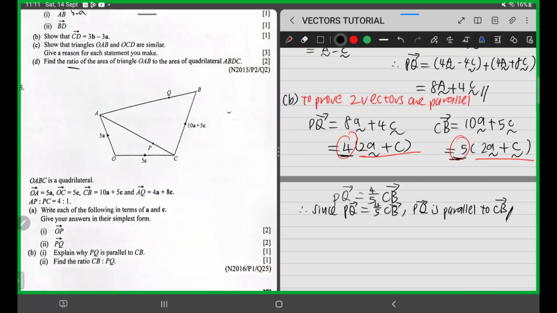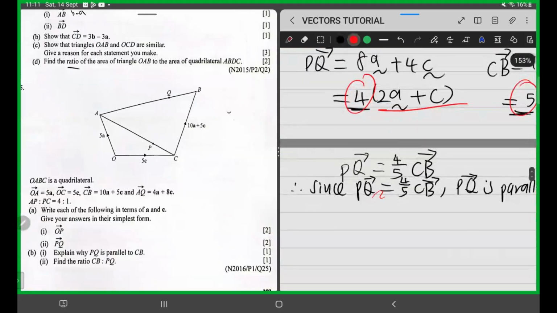Yeah, it's really just like that. When you write this, you're essentially saying that PQ is parallel to CB. It's just that PQ is 4 units, and then CB is 5 units. So you just need to show this. This is the key over here.